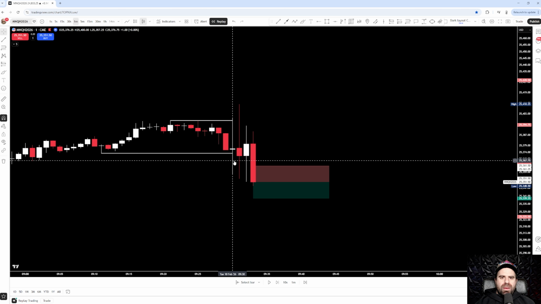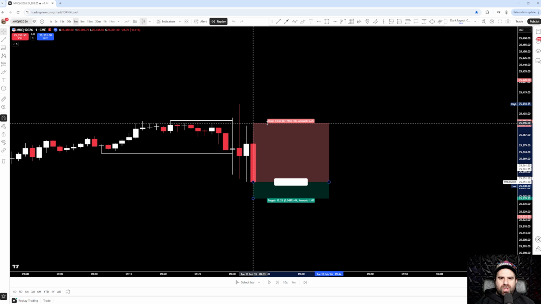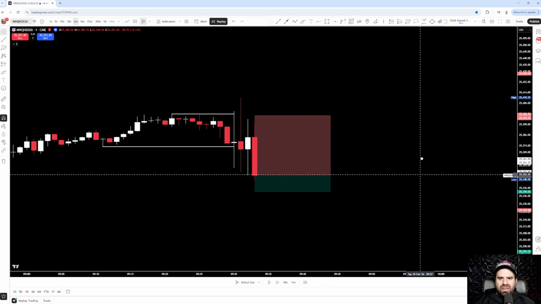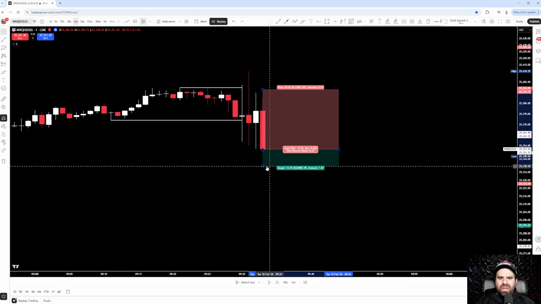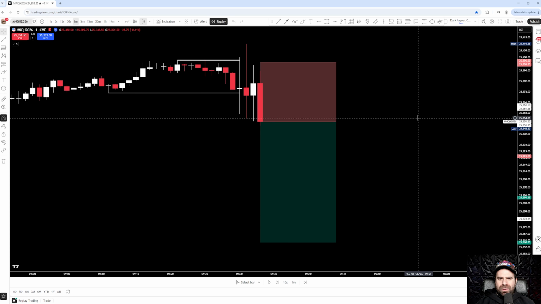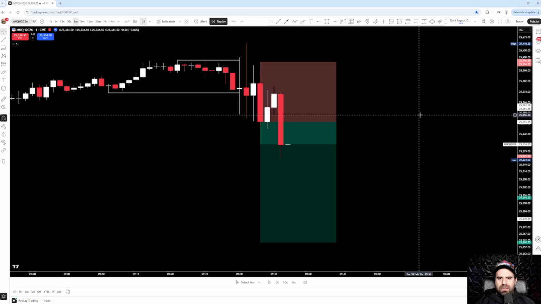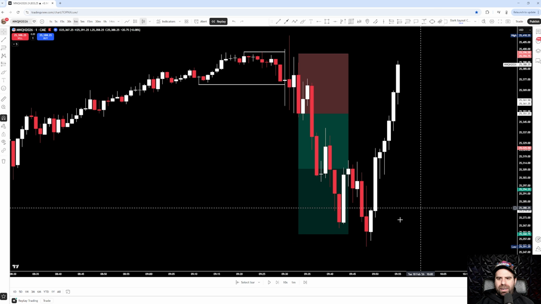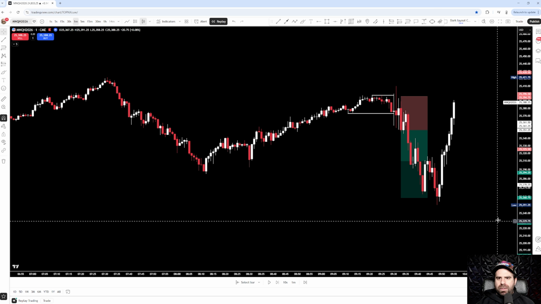Okay, bearish, stop loss. You can do it here, all the way up here, maybe it is too much. You can adjust this strategy to your own liking. 2-to-1 RR, and we hit our 2-to-1 RR right here. Fantastic.